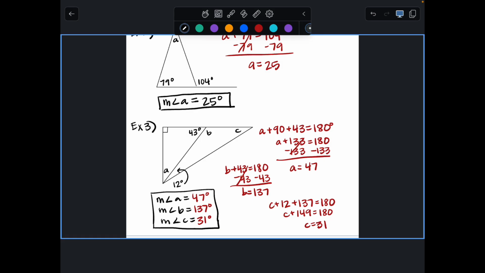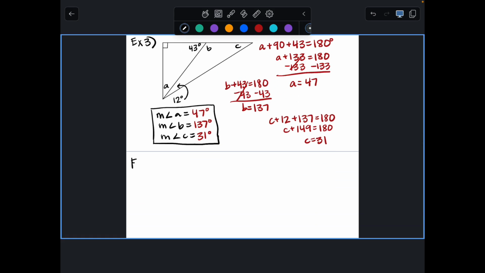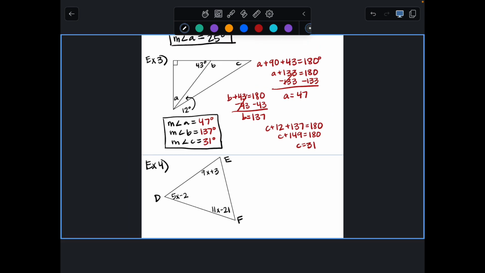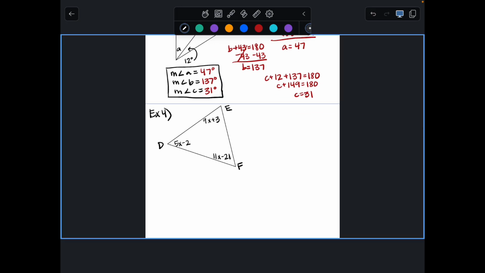Okay, one more example. In this example, I want you to find X and the measure of each angle.